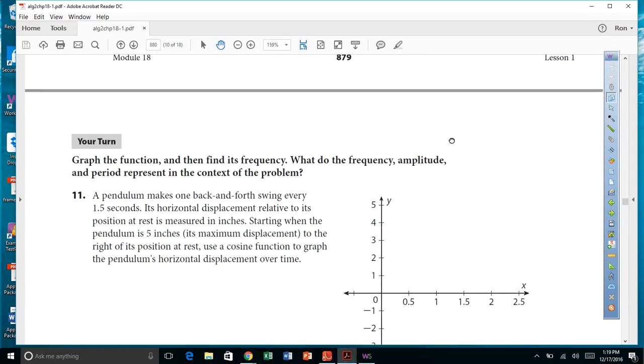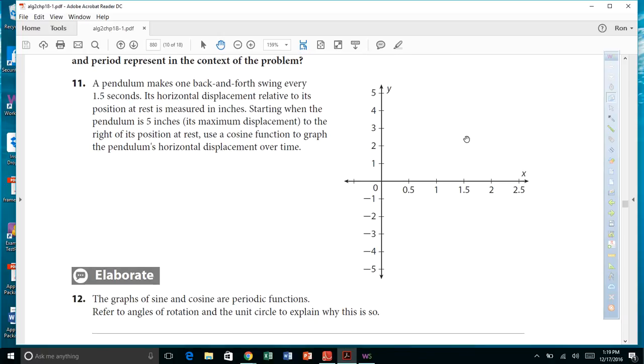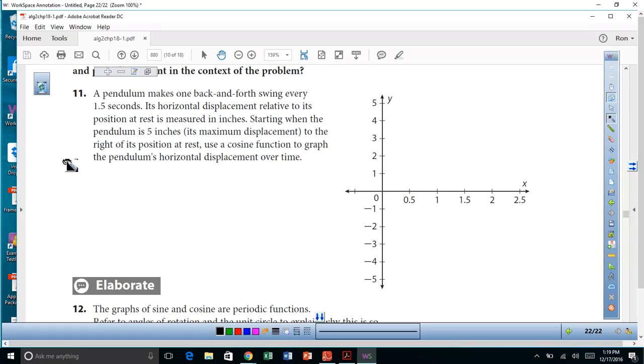And let's see, your turn. Graph the function and then find its frequency. What do the frequency, amplitude, and period represent in the context of the problem? A pendulum makes one back and forth swing every 1.5 seconds. So you know what a pendulum is. It's got a rod that goes down and maybe a little ball on it, and it'll swing this way and that way.